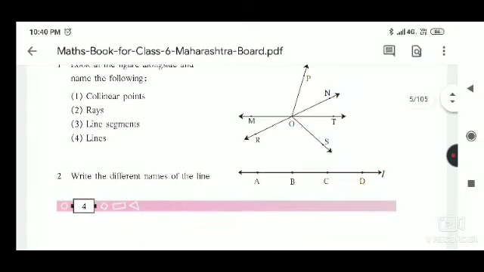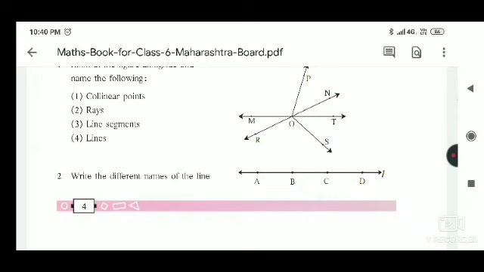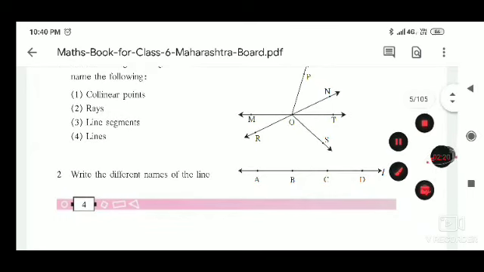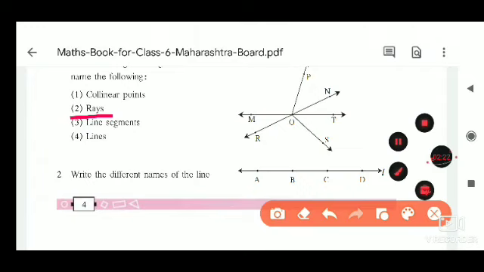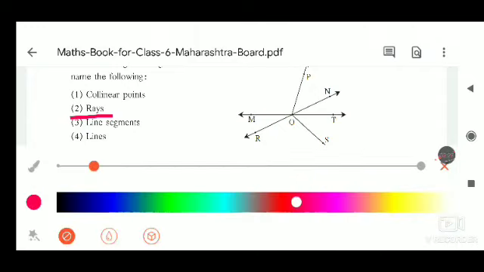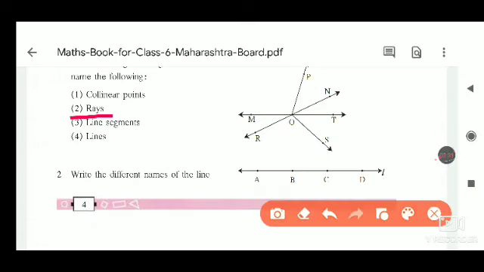Afterwards, second, we have to find the rays. Which rays are present in this figure, that we have to find out. So we will select. If you see the ray which is starting from O, this is ray ON.